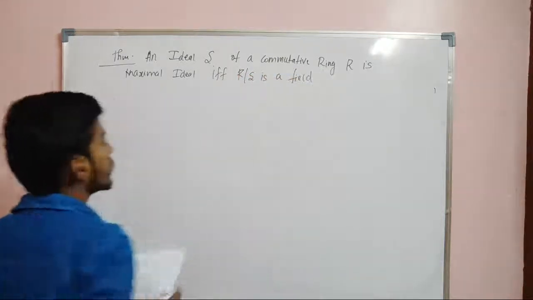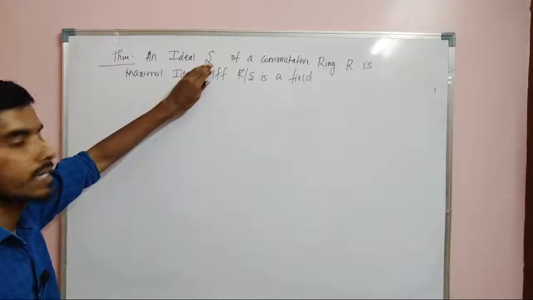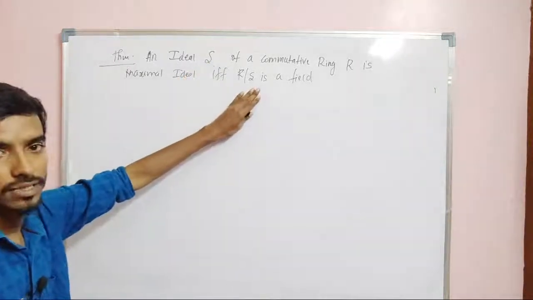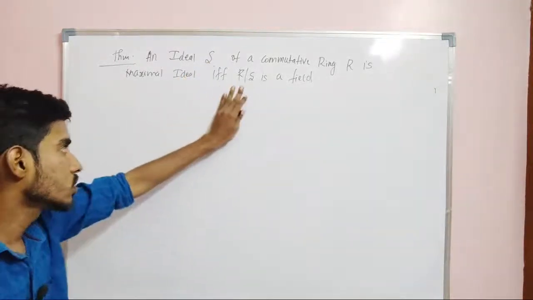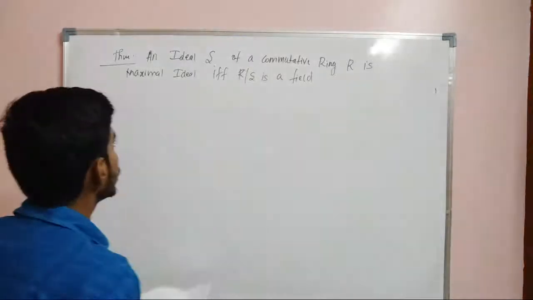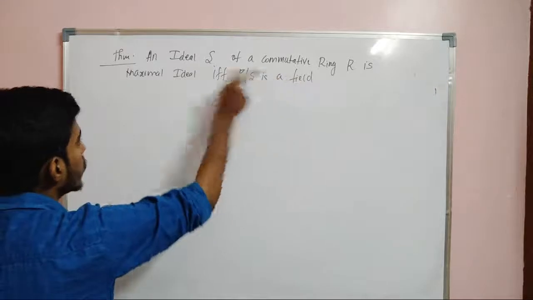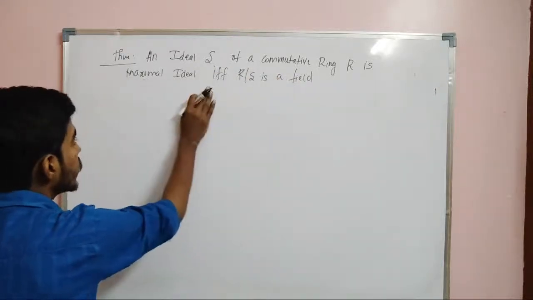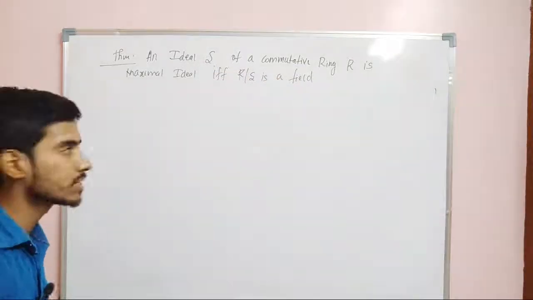That is, S is an ideal, then R by S is a quotient ring, right? So if this set turns out to be a field, then S will be a maximal ideal. An ideal S of a ring R is a maximal ideal if and only if R by S is a field.